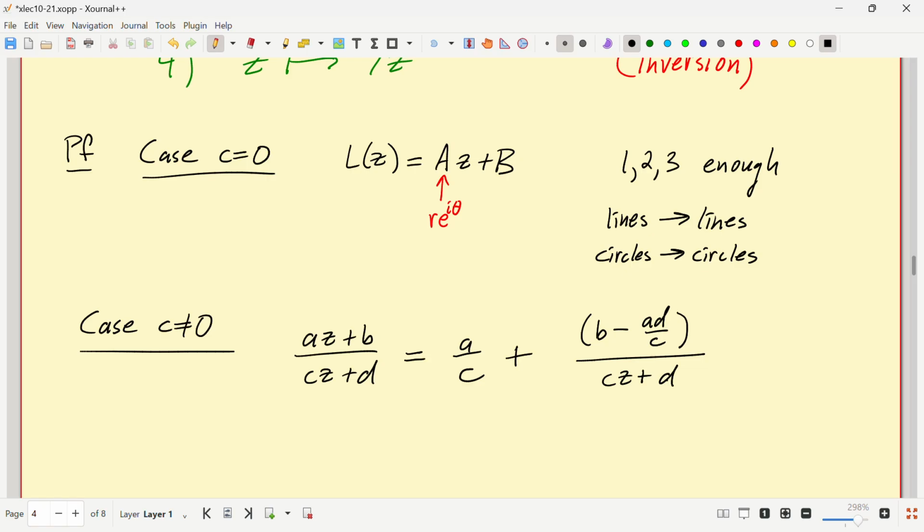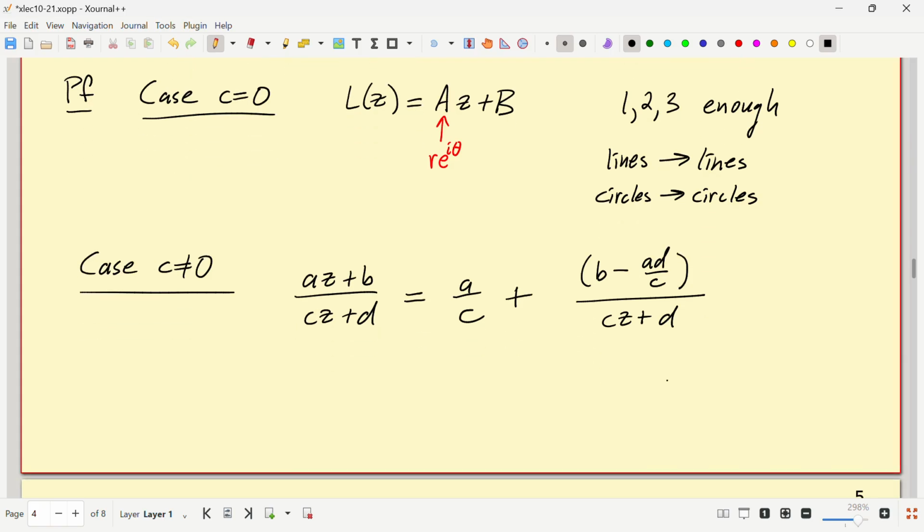Let's think about the maps I need. Think about your calculator, how you would punch this in. First you'd take your Z and you'd multiply by CZ. So that'd be step 1. And this C would be an RE to the I theta. So first we stretch by R, rotate by theta, translate by D. And now we're going to invert it.